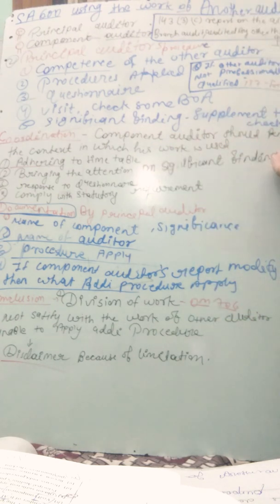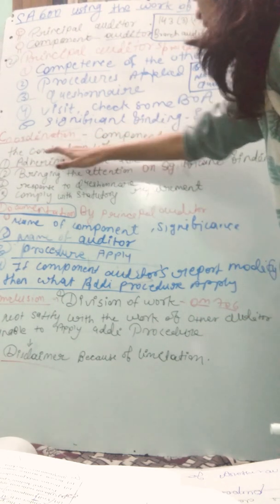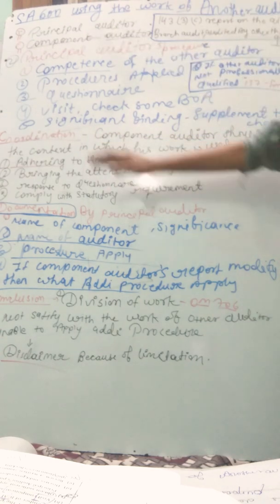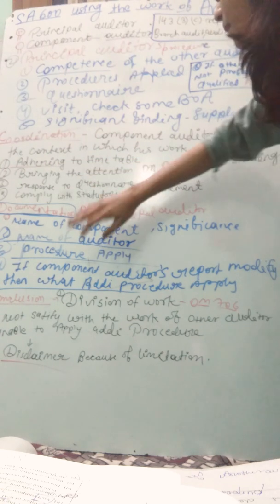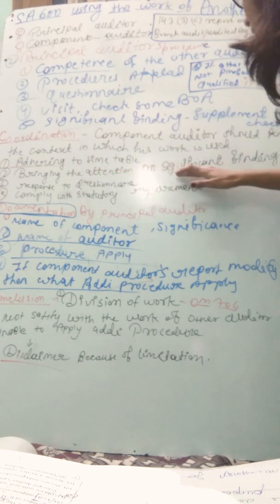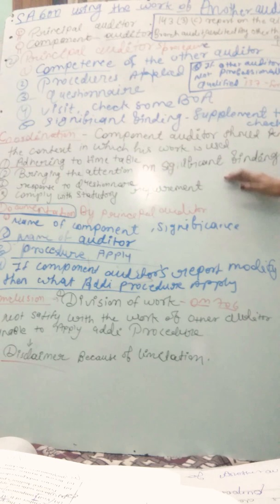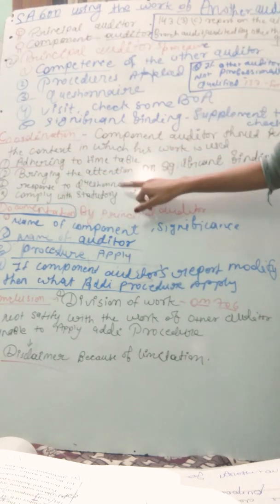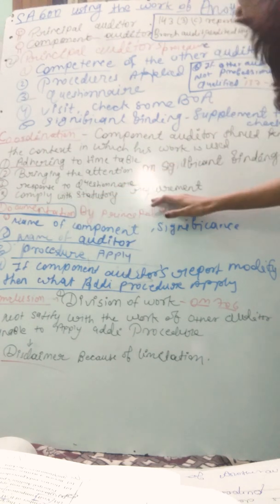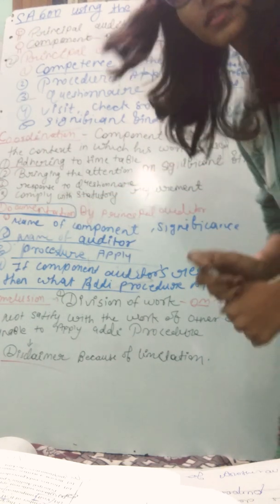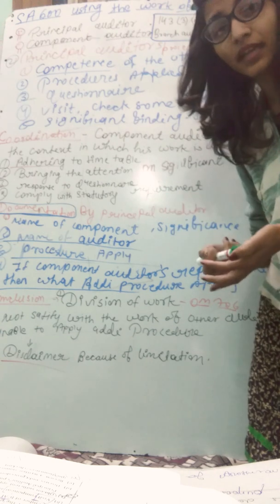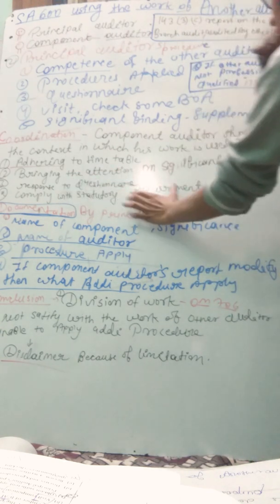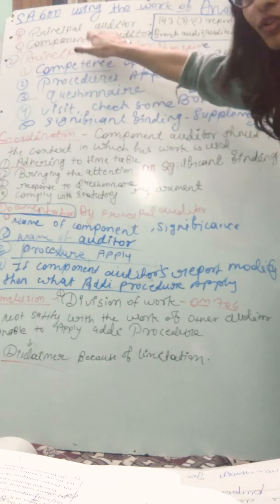The component auditor should know the context in which his work is used by the principal auditor, so that he adheres to the timetable, brings attention to significant findings, communicates significant findings to the principal auditor, responds to the questionnaire and complies with statutory requirements. For example, if there is a company, then the Companies Act and Income Tax Act are applicable, and standards on auditing; the component auditor should comply with all the statutory requirements.